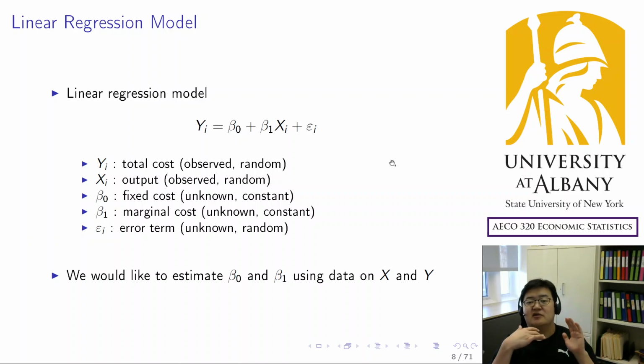Later, if you study statistics more, then you can extend this model to nonlinear cases, like quadratic, cubic, or like taking log, exponential. Different types of functional form are possible, but we will restrict our attention to the linear relationship because that's simple enough.